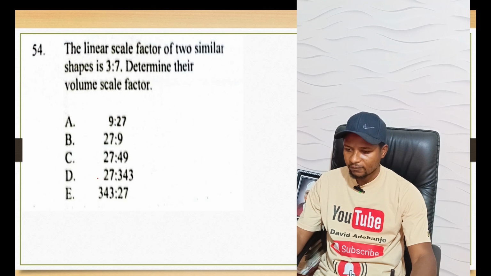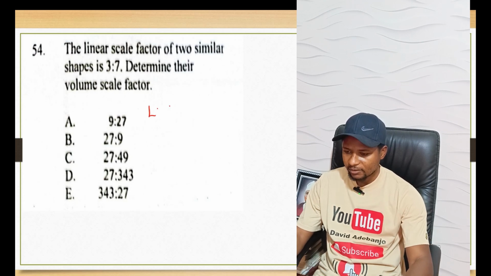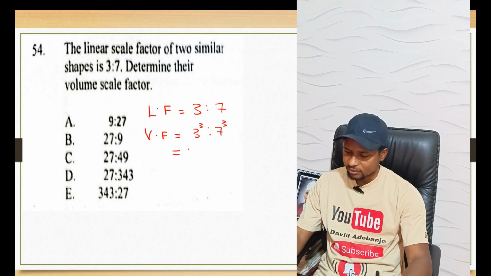Moving on to 54. The linear scale factor of two similar shapes is 3 to 7. Find the volume factor. When the linear scale is given, you cube each of the ratio. That will give you 3 times 3 times 3, that's 9 times 3, 27.